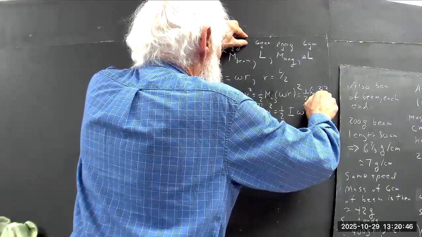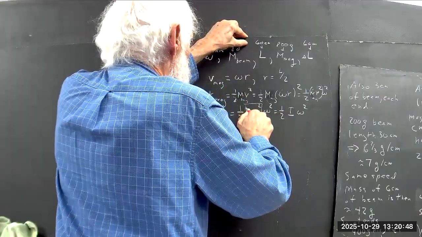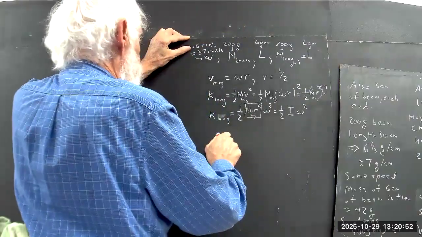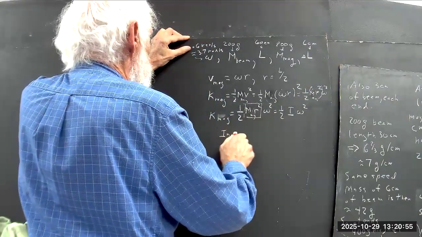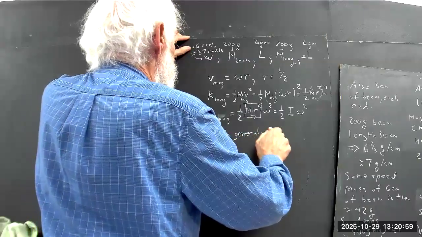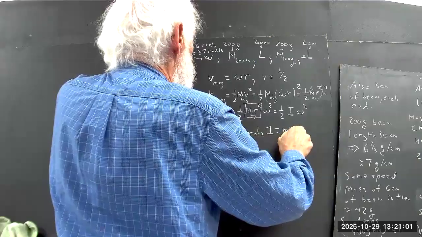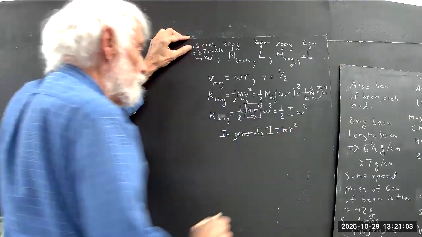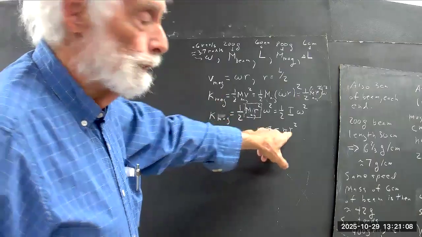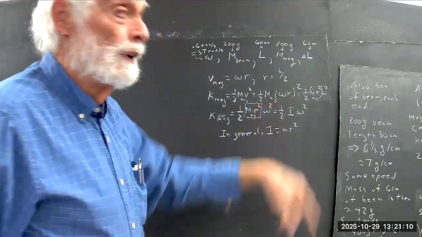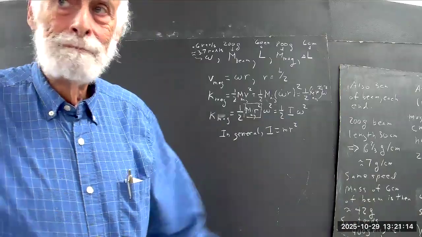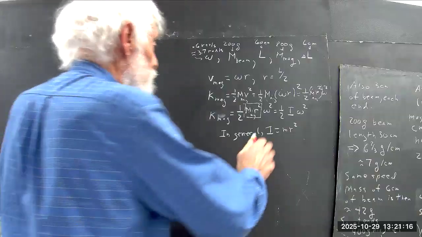So I was going to say that in general, I equals mr squared. Right here, it's the mr squared, where m is for the magnets, but if it was some other mass there, it would just be a little m. And this is what you're going to see.